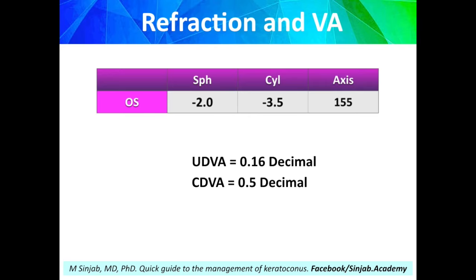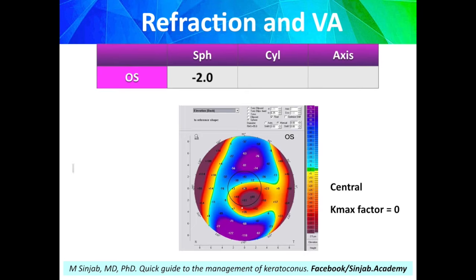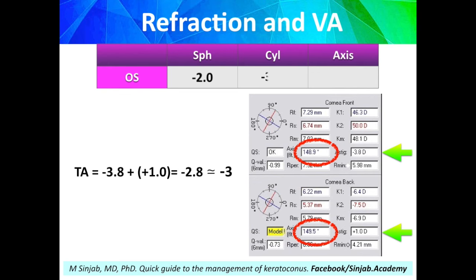This is his refraction and his visual acuity. Now, since the cone is central, the Kmax factor is 0. So the final sphere is just the same as the manifest sphere. Regarding the topographical astigmatism, it is the algebraic sum, and in this case it is -3 diopters.